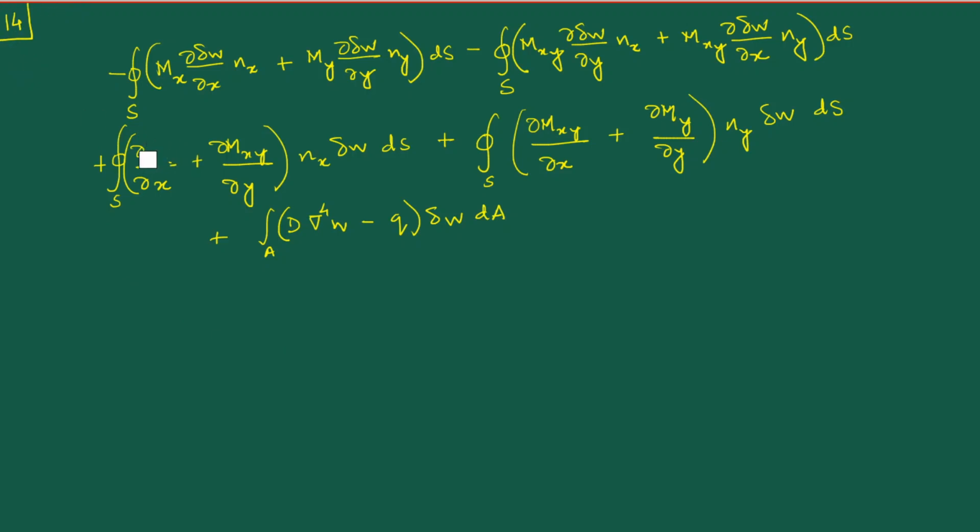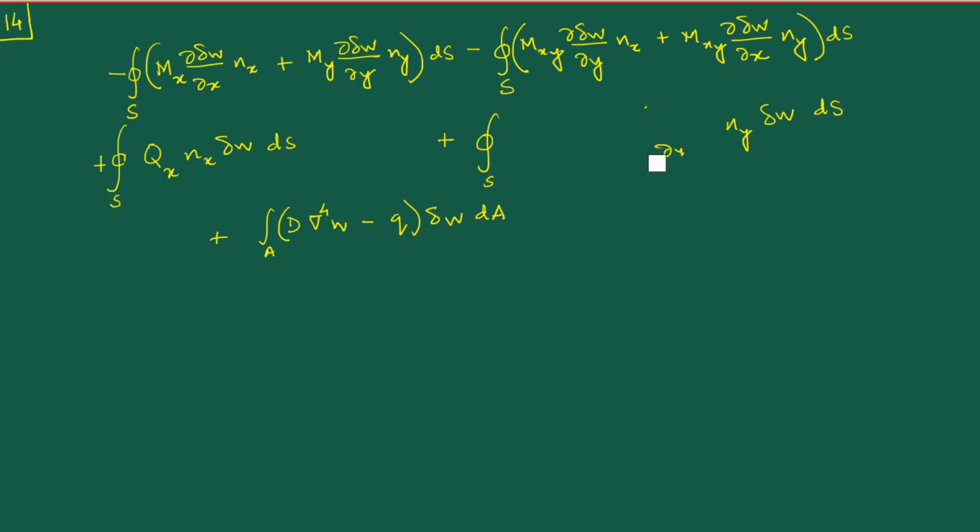So this entire thing becomes Qx, I shift this here, and then this is Qy and I shift this here.